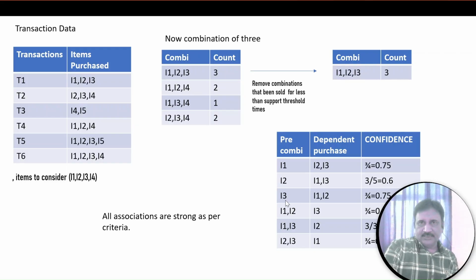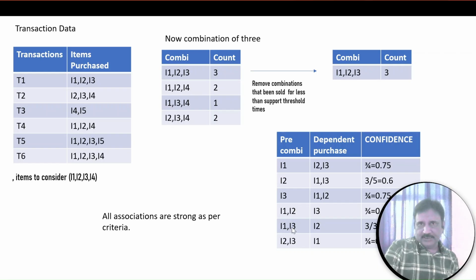Then if I3 is purchased, what is the probability that I1, I2 will be purchased? Let us see that. I3 is purchased in the first, second, fifth and sixth transactions. That means 4 times out of 6, I3 is purchased.